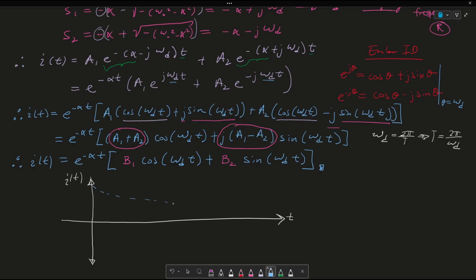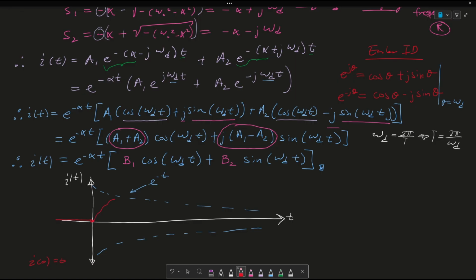If I plot these boundaries, call this e to the minus alpha t, and there's a reflecting boundary here as well. Let's take that i of t was 0 all the way until i of 0 is equal to 0. That's my initial condition.